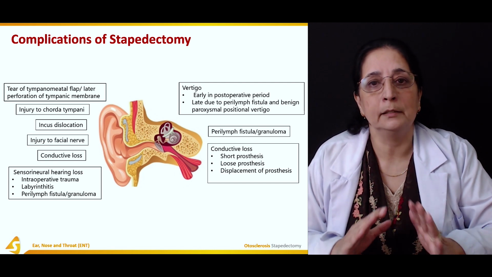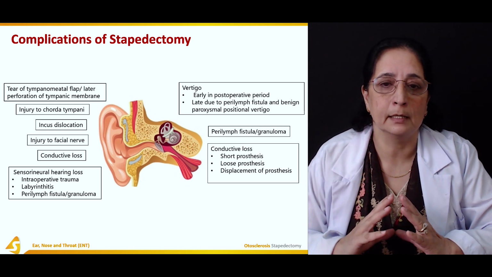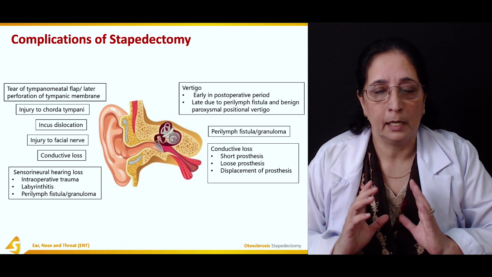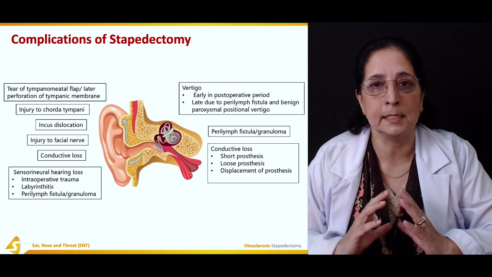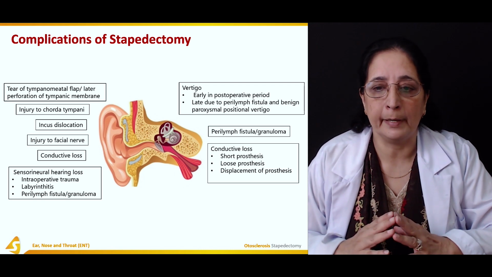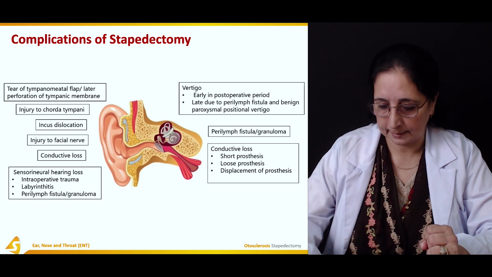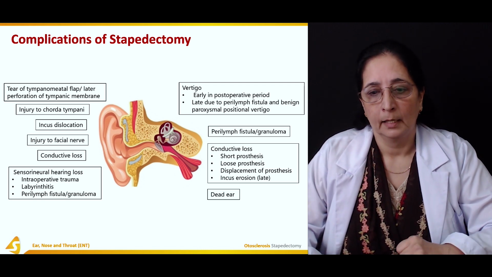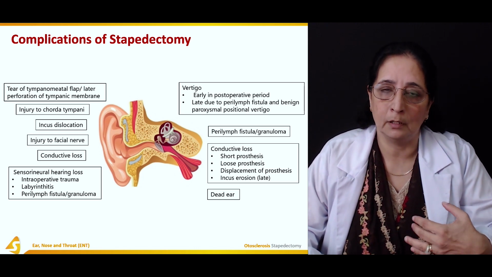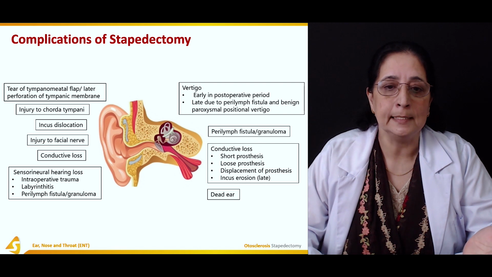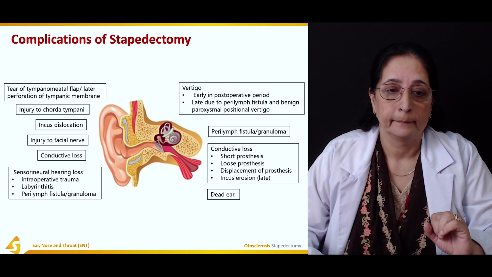So all these are the complications that can occur in a patient with stapedectomy: hearing losses, fistula formation, labyrinthitis, perforation of the tympanic membrane, and then vertigo or dizziness. And then sometimes a dead ear, no hearing at all. So that's the dead ear. So many complications of stapedectomy.